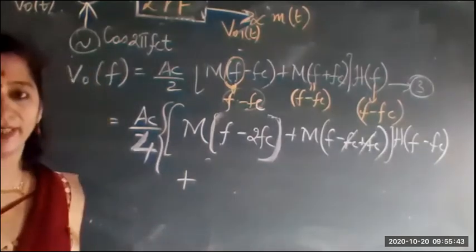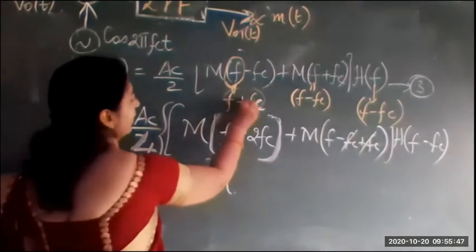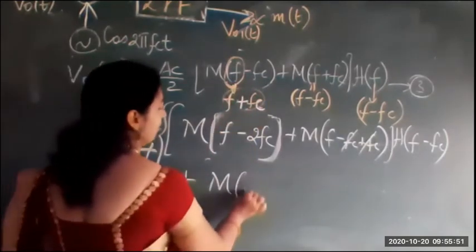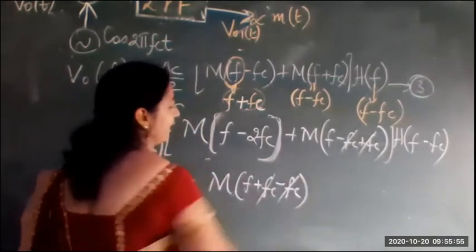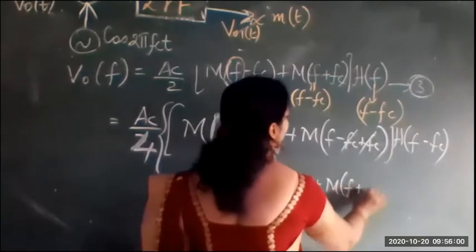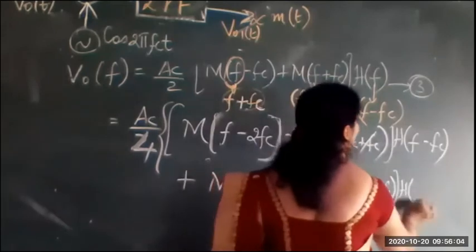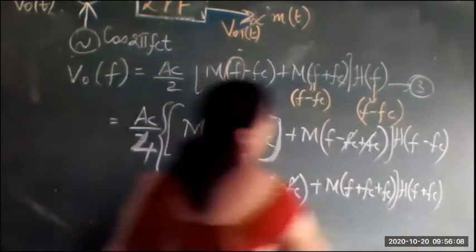So I'll use a flower bracket. Can you replace this F with F plus Fc next and tell me what you get? M of F plus Fc minus Fc. Plus and minus cancels out. Plus M of F plus Fc plus Fc into H of F plus Fc. Close the brackets.